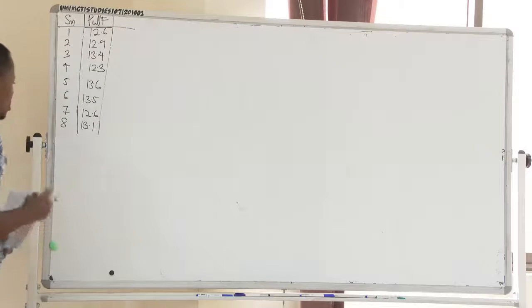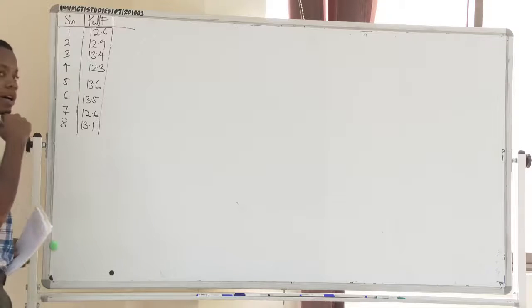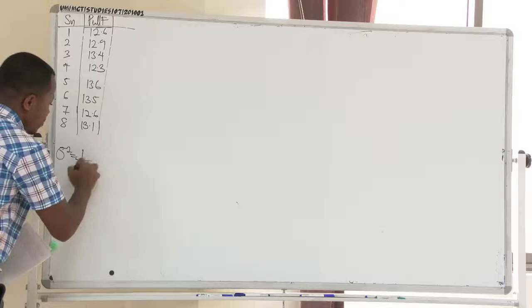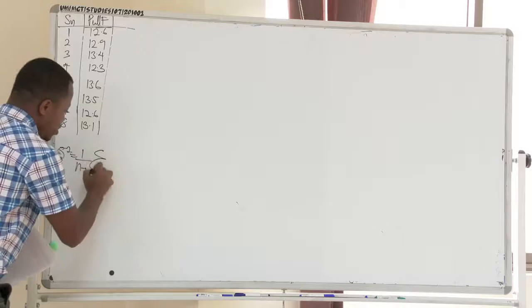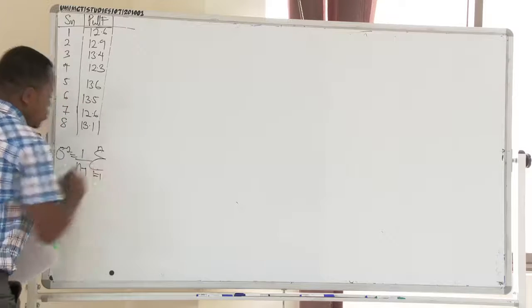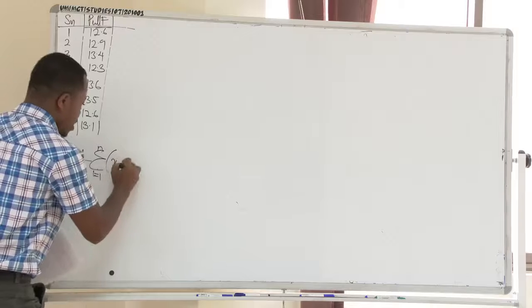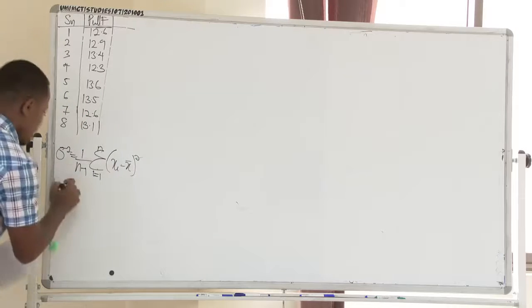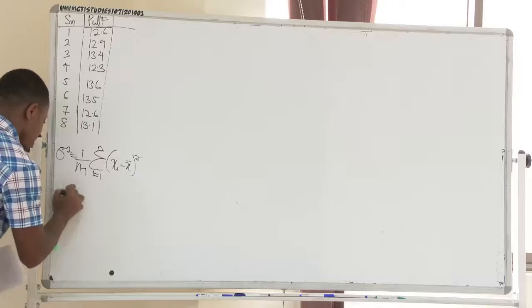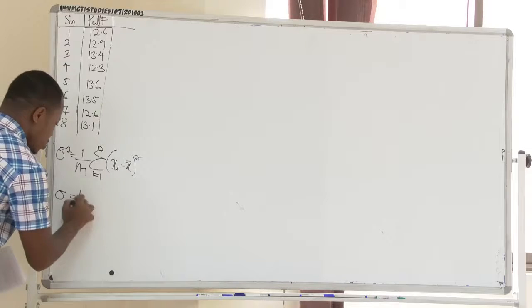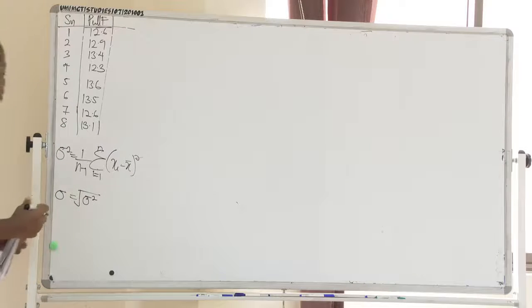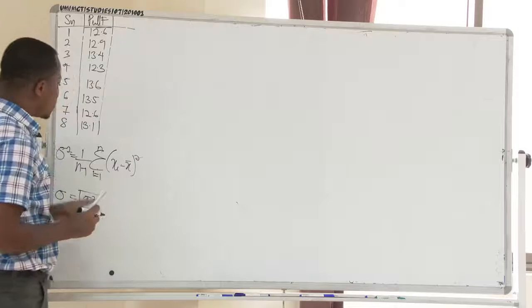Now remember, the variance is equal to 1 over n minus 1, times the summation from i equal to 1 to n of (xi minus x bar) squared. And the standard deviation is just equal to the square root of the variance.